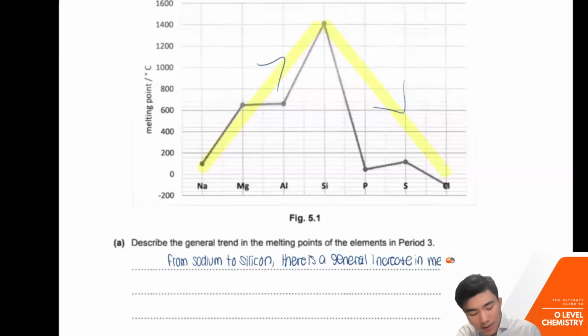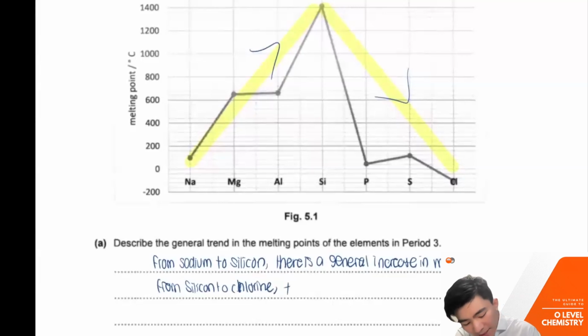Then after that, from silicon to chlorine, there is a general decrease in melting point.